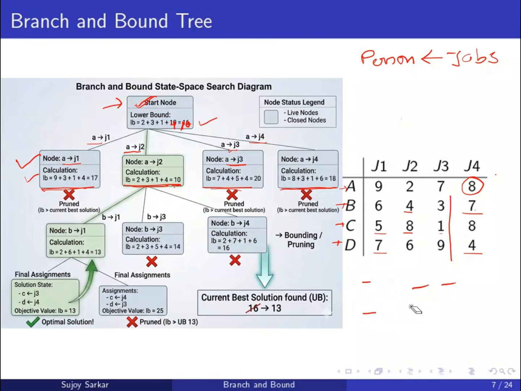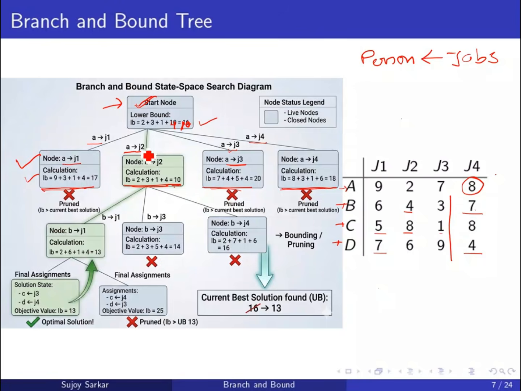Okay. So next, which node will we pick up? If it was DFS, we would blindly pick up the first node. Right. So instead of that, here we will be using best first search or least cost search. So which node is costing least, or having the least lower bound?